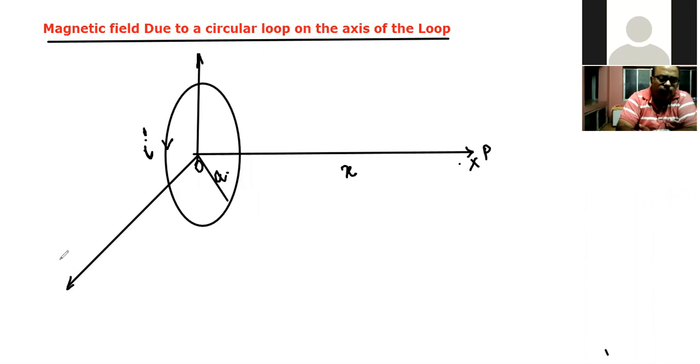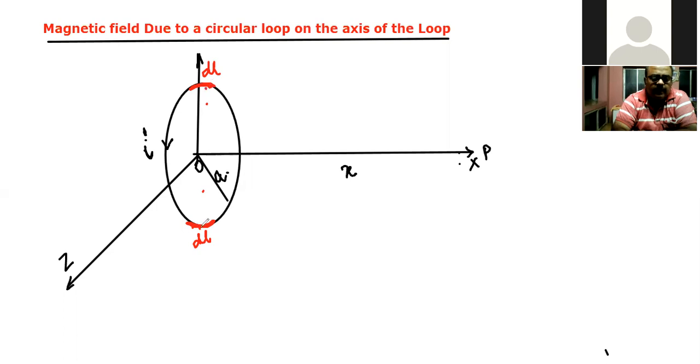First of all, in order to find out the magnetic field intensity at this point P, let us consider two small current elements dl diametrically at opposite points. We are considering two current elements which are diametrically opposite.